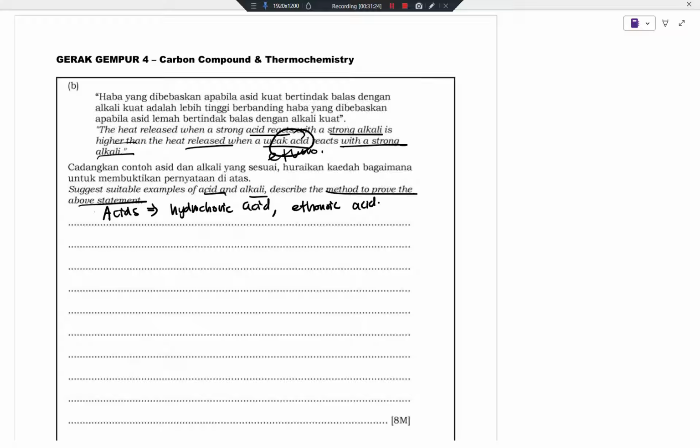Okay, and then for alkali, ரெண்டுமே strong alkali தான், அதனால ஒரே alkali பாய்ச்சிக்கிங்க, sodium hydroxide solution. So இது எப்படி செய்வோம்னா, first இது very simple lah.